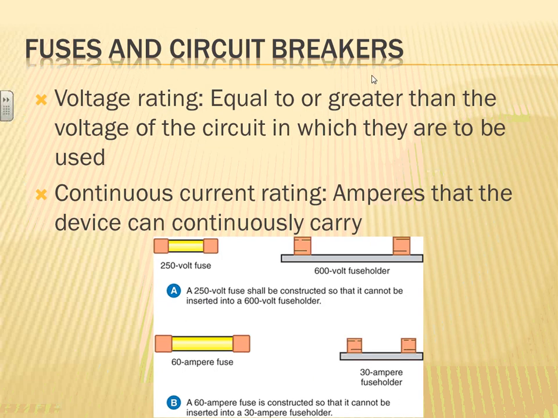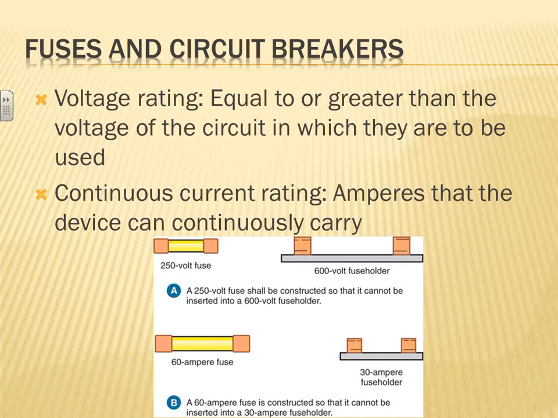In terms of fuses and circuit breakers, there's a voltage rating and there's a continuous current rating. So this is summarizing it. A fuse shall be constructed so that a 250 volt fuse cannot be inserted into a 600 volt system. When you have a fuse, the manufacturer makes it in a way where you can't put a fuse rated for 250 volts into a system that's 600 volts. And at the same time, you can't put a fuse rated for 60 amps in a special fuse holder rated for 30 amps.